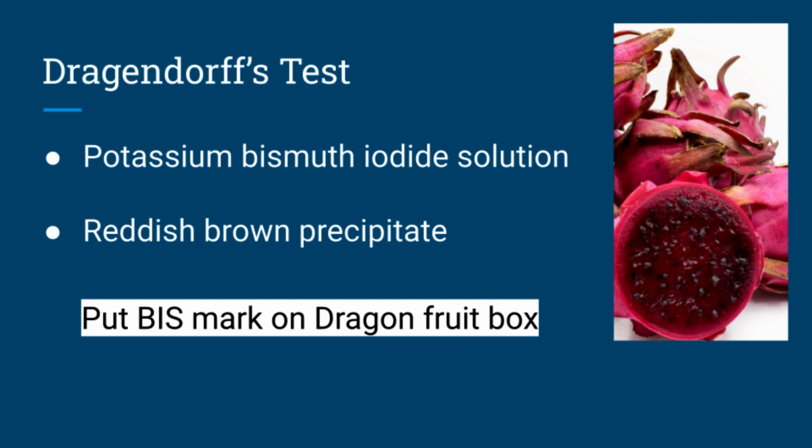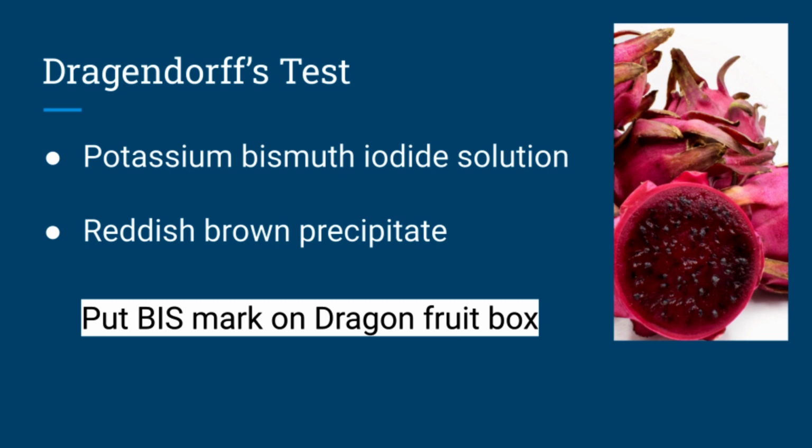How can we remember this? Remember a sentence: Put BIS mark on the dragon fruit box. What is the expansion? Put BIS. Put is for potassium.